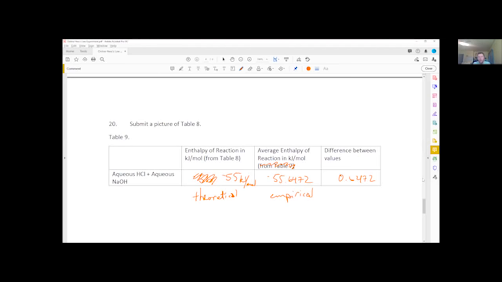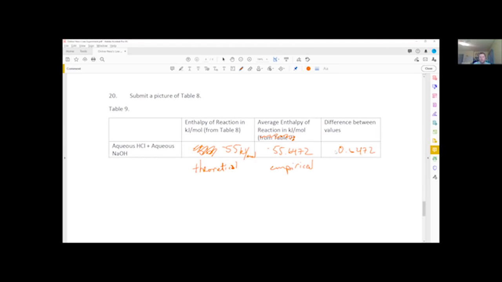So essentially, we've validated Hess's law based on doing this reaction, mixing aqueous HCl and aqueous sodium hydroxide, then looking at the phase change of sodium hydroxide in water and looking at the neutralization of solid sodium hydroxide.